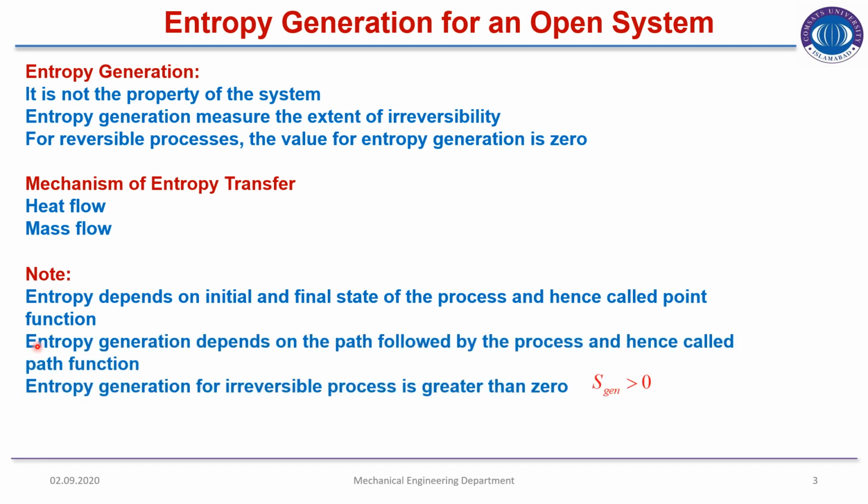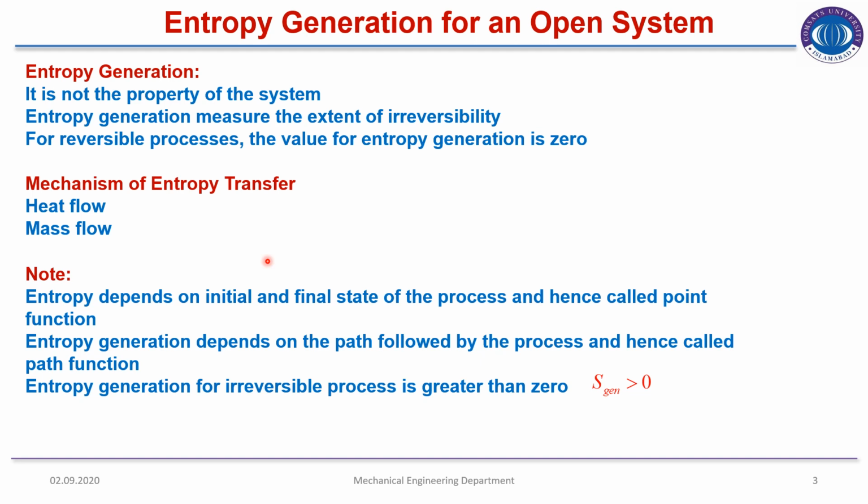So the second point is that entropy generation depends on the path followed by the process, and hence it is called a path function. As we have discussed in the previous lecture, work and heat both are path functions. Pressure, volume and temperature are properties of the system, or properties of state, so they only depend upon the initial and final state of the process.